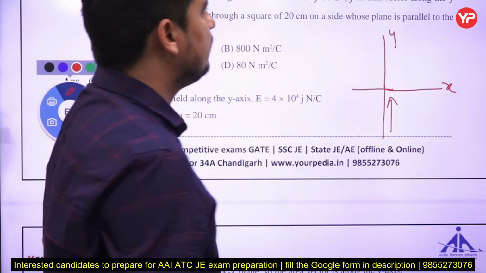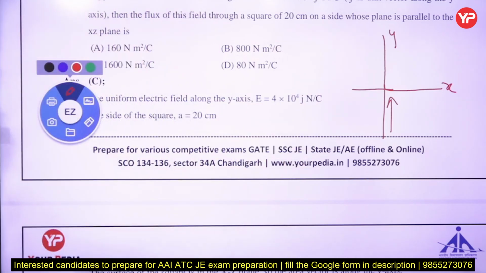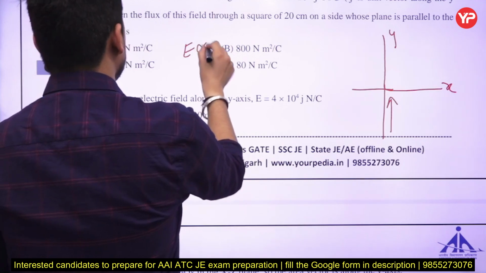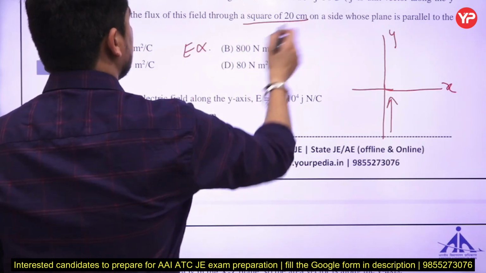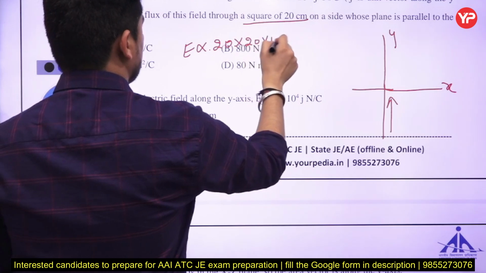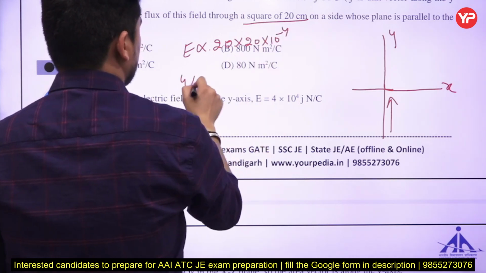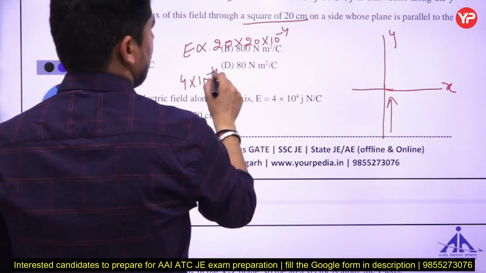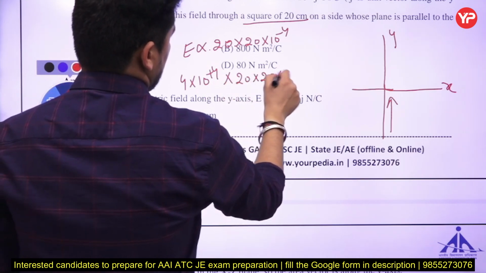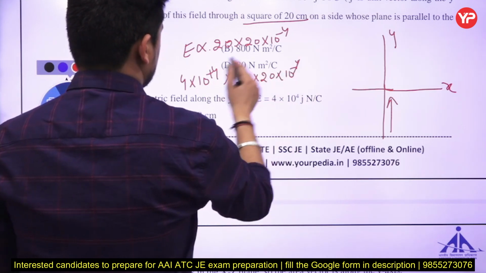So if we calculate the net flux passing through that, it will be E times the area, which means 4 into 10 raised to power plus 4 multiplied by 20 into 20 into 10 raised to power minus 4. This will cancel out.